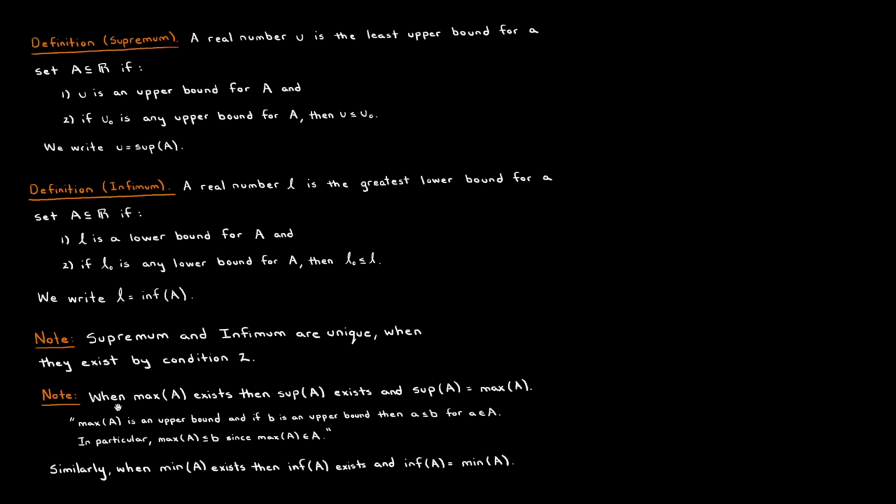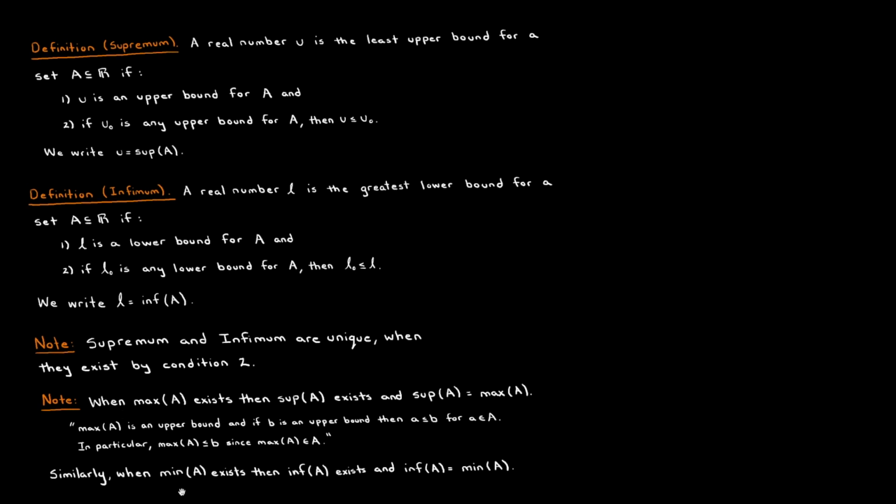The next thing to note is that when a set has a maximum, then the supremum not only exists, but it actually equals the maximum. Similarly, if a set has a minimum, then the infimum not only exists, but is exactly equal to the minimum of A. Let me give you a sketch of the proof for the maximum and supremum case. So for this proof, we actually have to show two things.